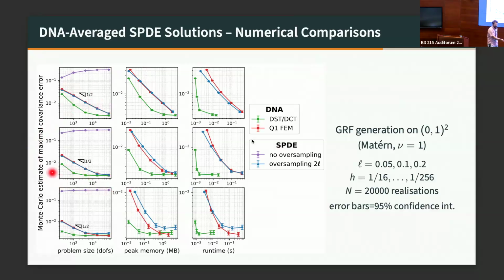So this line at the bottom is where the periodization error comes in. That's right. The purple is no oversampling, but it doesn't converge. It stagnates. Basically, the periodization error is so dominant that you can't see the H error.